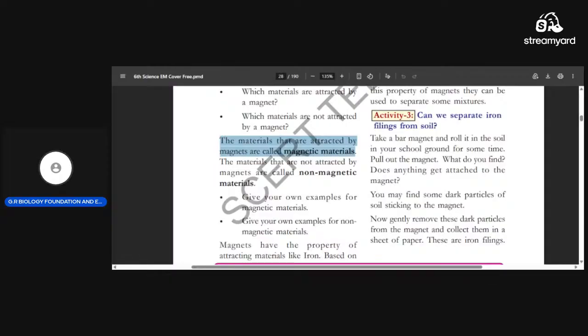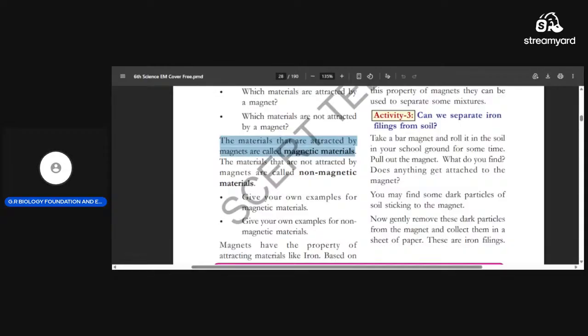Take a bar magnet and roll it in the soil in your school ground for some time. Pull out the magnet. What do you find? Does anything get attached to the magnet? Yes. When we rub the magnet inside the soil, some iron filings are attached to the magnet. We may do this in our school ground or anywhere by rubbing in the soil. From the soil, we collect the iron filings by using the magnet.